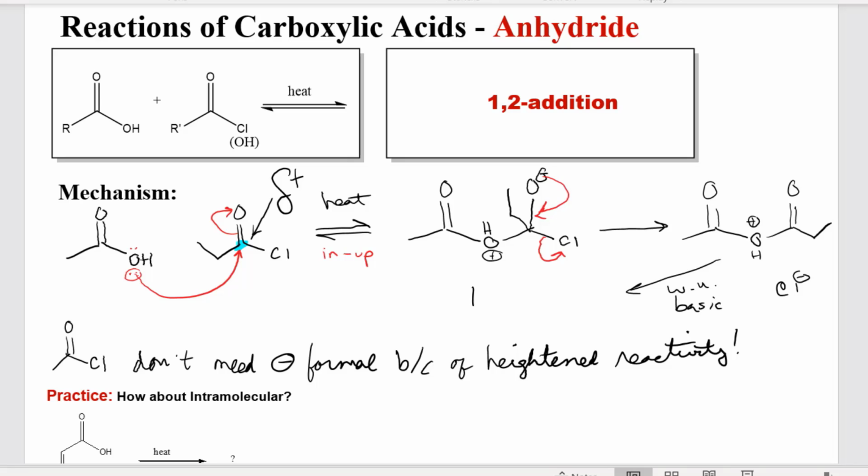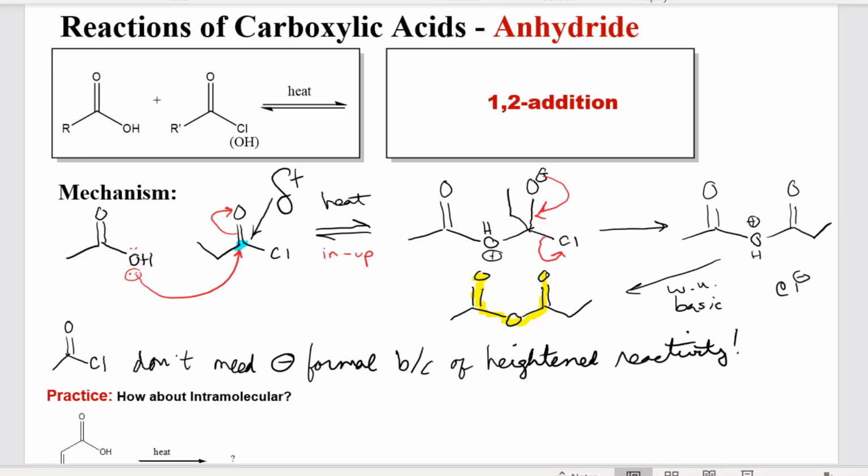Either way, you form this new species, a carbonyl, oxygen, carbonyl, called an anhydride. It's a special term for maybe even a specialized ester, right? You can think of it as a carbonyl with an O carbon group. That's kind of like an ester, but it's a very special type of ester called an anhydride.